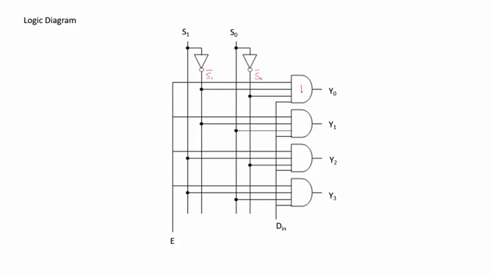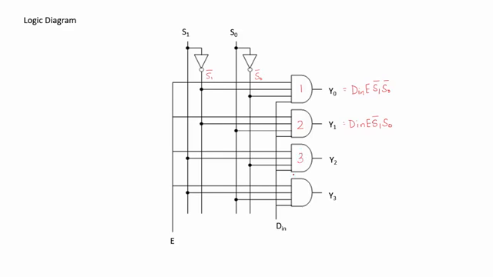So the output of the first AND gate will be DIN, S0 bar, S1 bar and E, which can be written as DIN E, S1 bar, S0 bar. Similarly, the output of the second AND gate will be DIN, S0, S1 bar and E, which will be DIN E, S1 bar, S0.